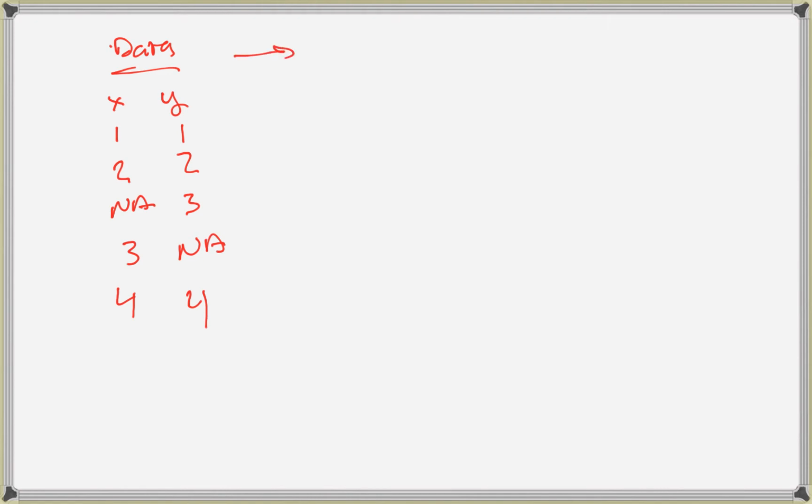So if we had our usual data frame, where let's say we have x and y, we could make an R matrix that had the same elements, but looked like this.